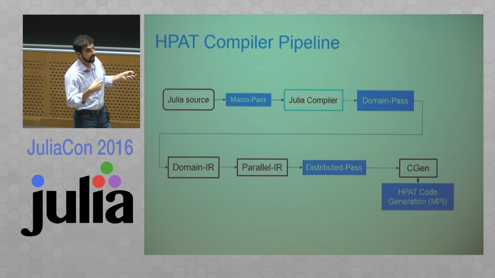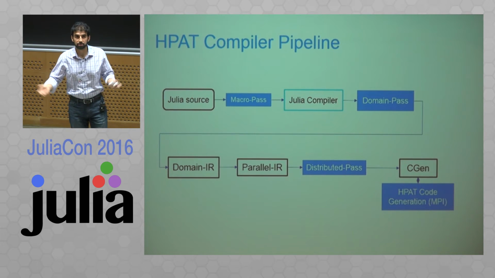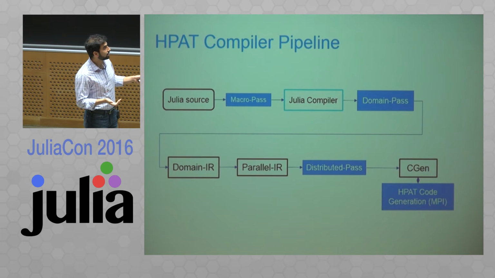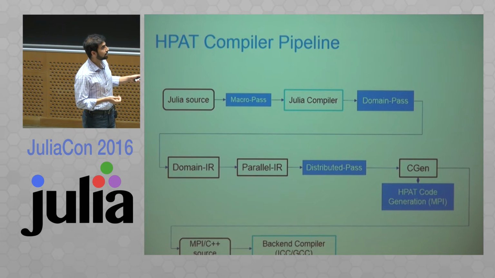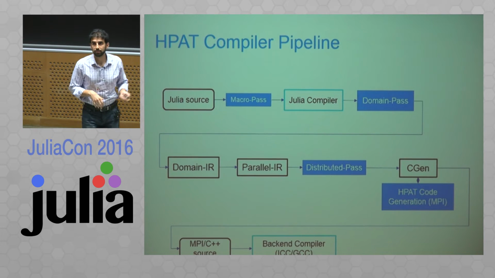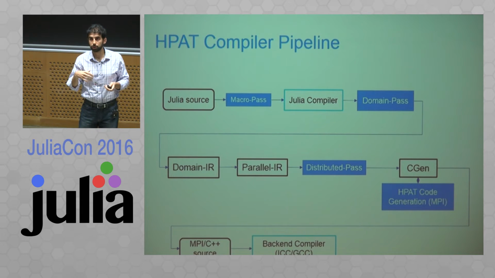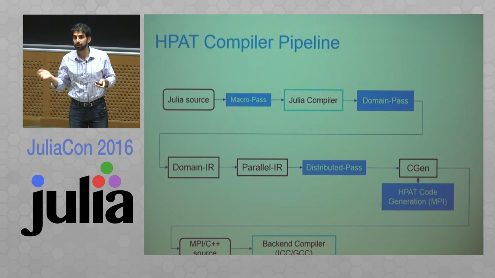Then distributed passes distribute the code across machines, partitioning arrays, and so on, generating communication. Then the CGen module of ParallelAccelerator, which we extended with some other C code generation routines, generates MPI C++ code. Then your MPI C++ compiler compiles the source. This is how it works. And actually, that function becomes a shared library that Julia calls into, if you are using it inside Julia, or you could use it standalone.